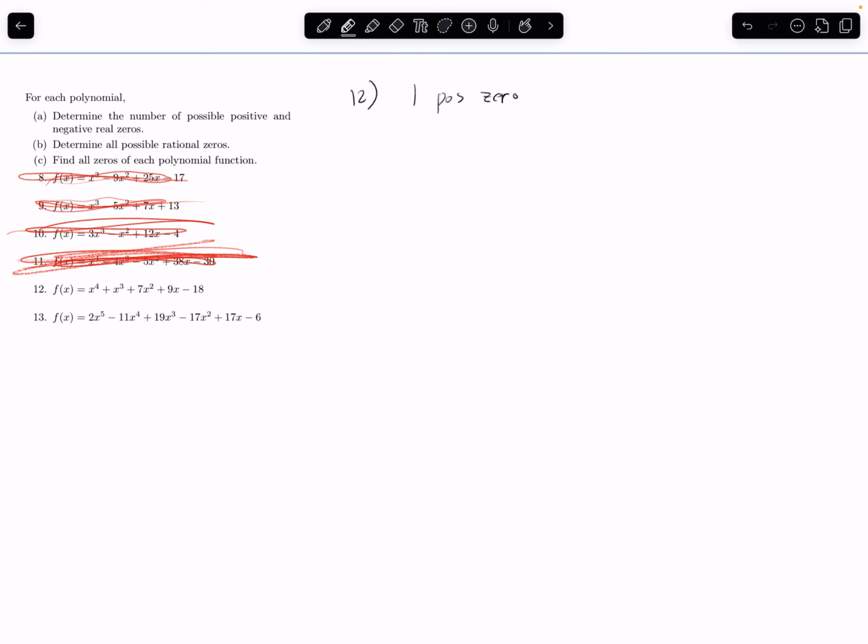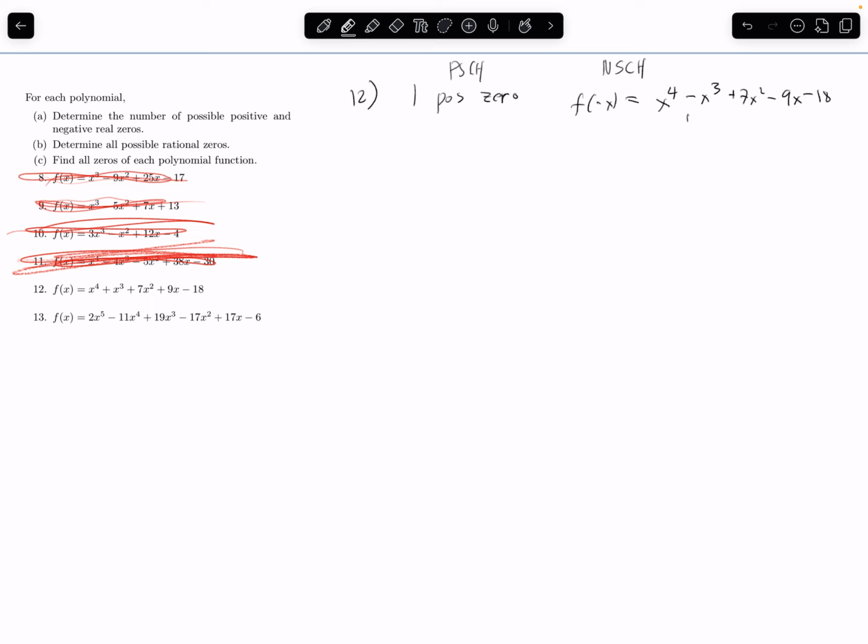Right? That's the positive sign changes. And then negative sign changes. You've got f of negative x is x to the fourth minus x to the third plus 7x squared minus 9x minus 18.